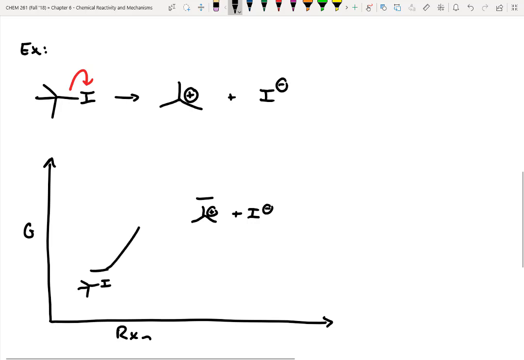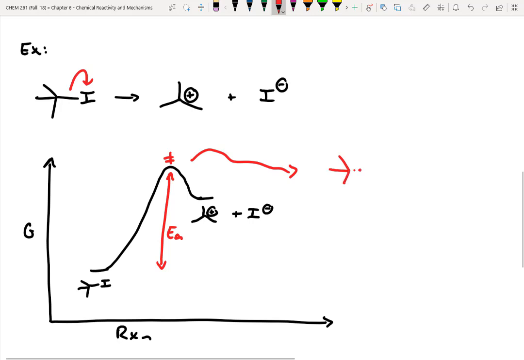All right, when we do this, we've got some sort of energetic barrier to overcome. So we'll call this our activation energy for this reaction. We've got a transition state up here. Let's try to draw what this transition state looks like, right? So in this transition state, are we making or breaking a bond? Breaking.